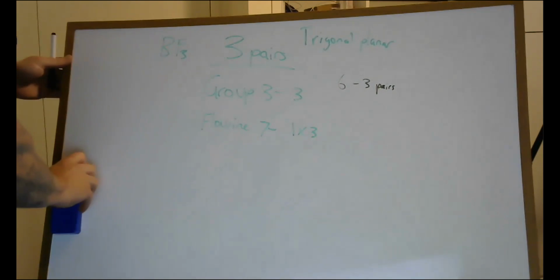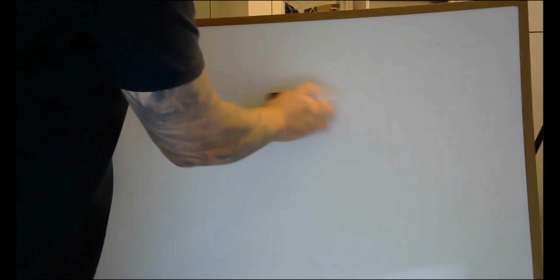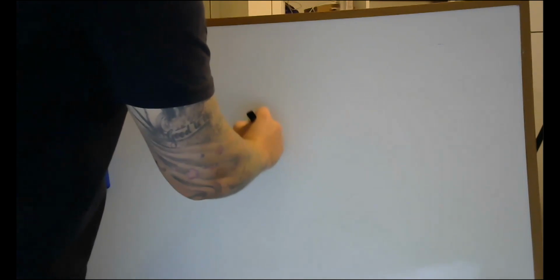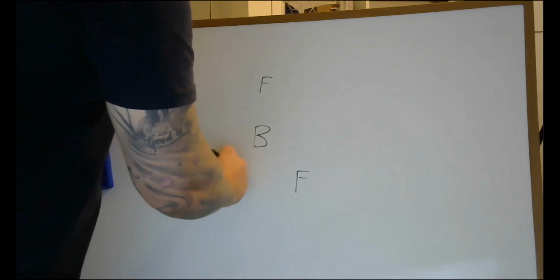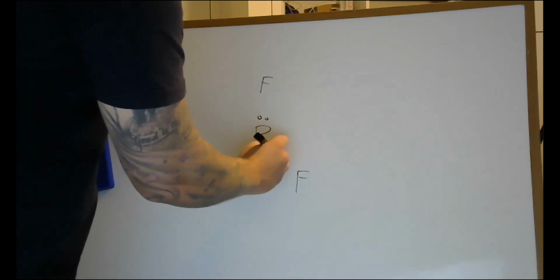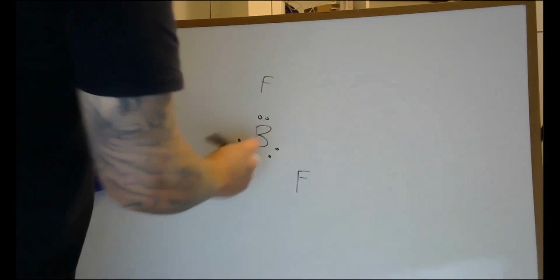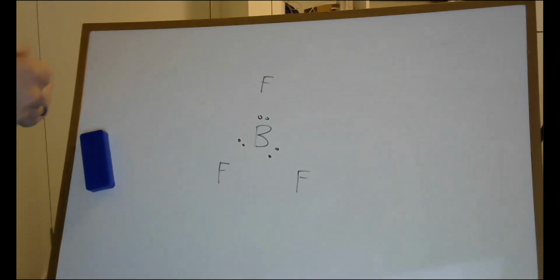So we build the Lewis dot structure, and this is different, the boron trifluoride. There will be 3 sets of bonding electrons. And a lot of the time they won't actually ask you to draw it, they will just ask what the shape will be.